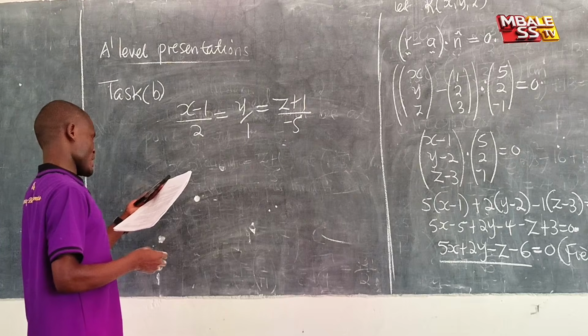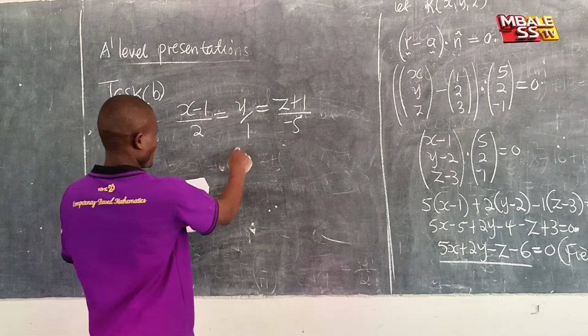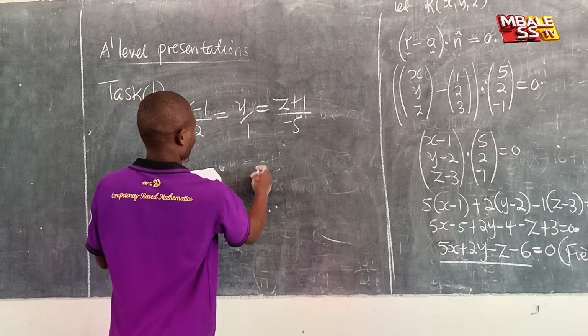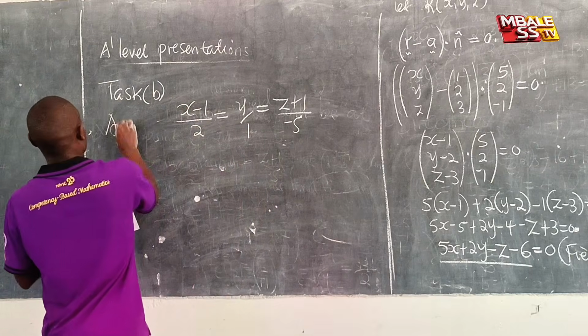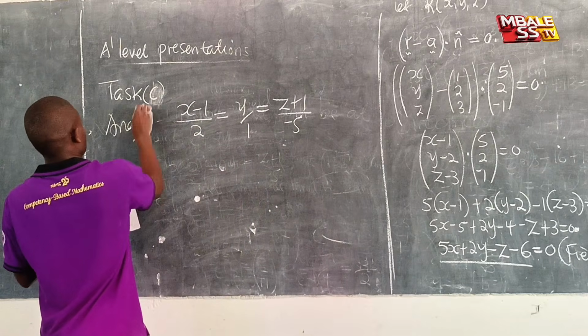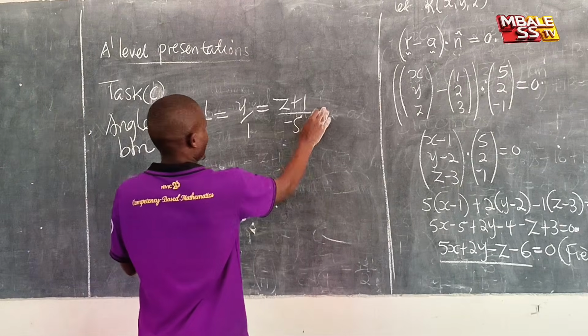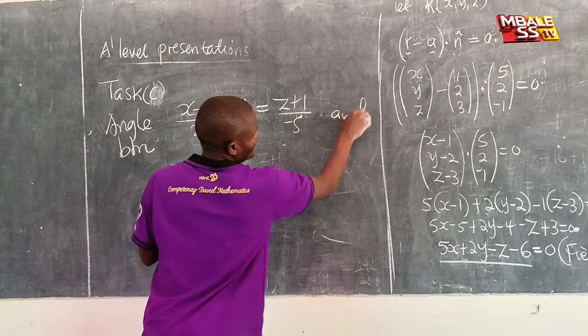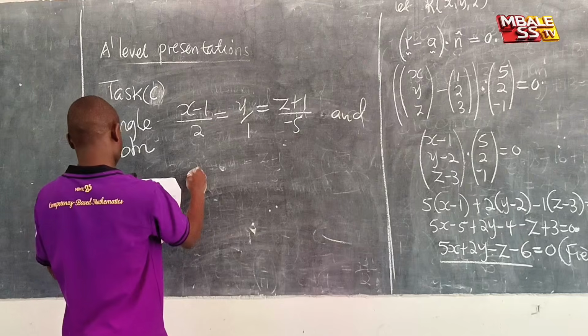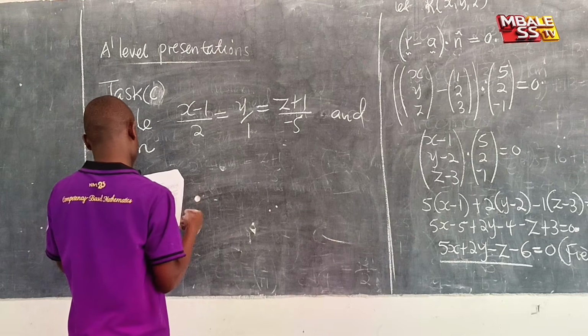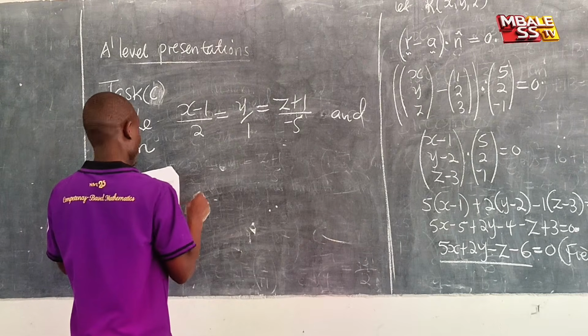The design for the seat will be at the angle this line makes with the field. So task C is the angle between this line and the plane, the field.